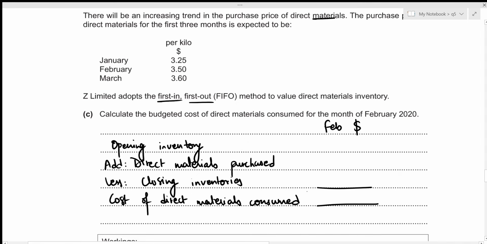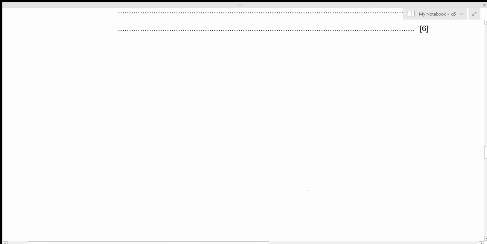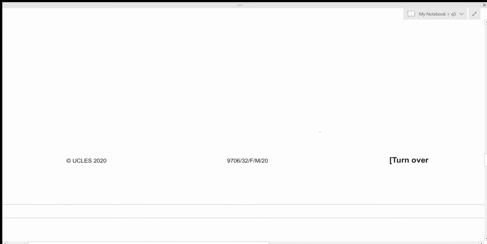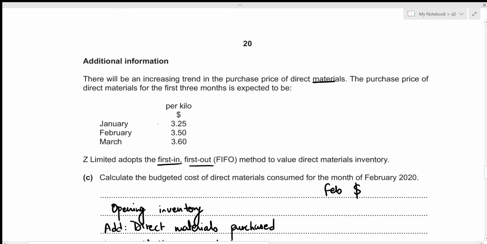Okay, let's have a look at the opening inventory for the month of February, which we have calculated before. Right here. The opening inventory for February was 1,248 kilos, right? And like I said before, this opening inventory for February is the closing inventory for the month of January, which means that these were purchased in the month of January. And we are given the purchase price for January right here, which is 3.25.